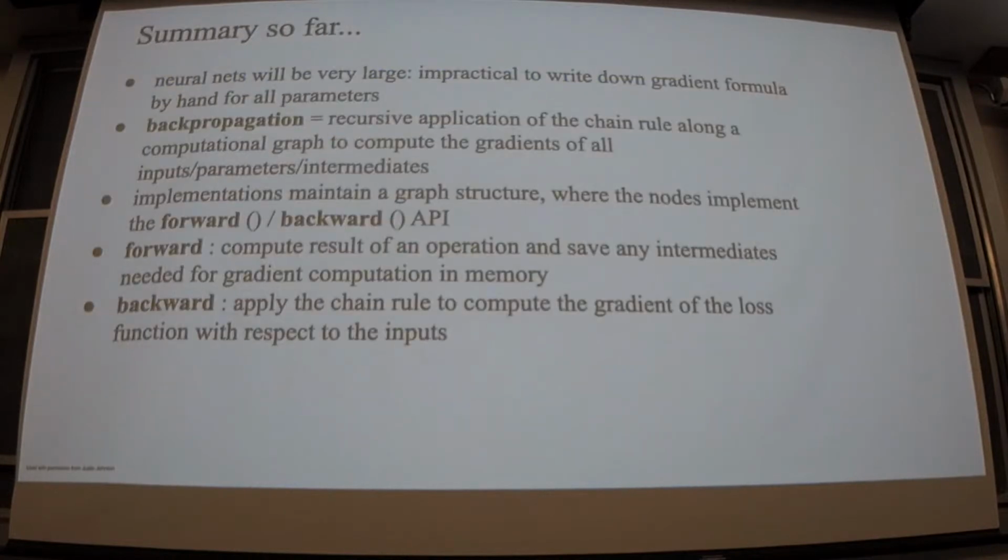Okay, just a review. Neural networks are going to be very large. There are going to be many transformations. It's going to be impossible to write down the gradient formula for all the parameters by hand. We're never going to do that. It just doesn't make any sense. So how do we compute these gradients with respect to the parameters?